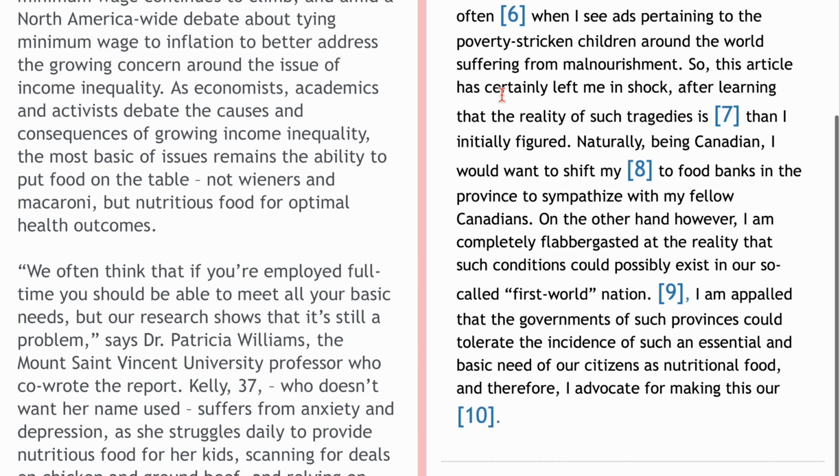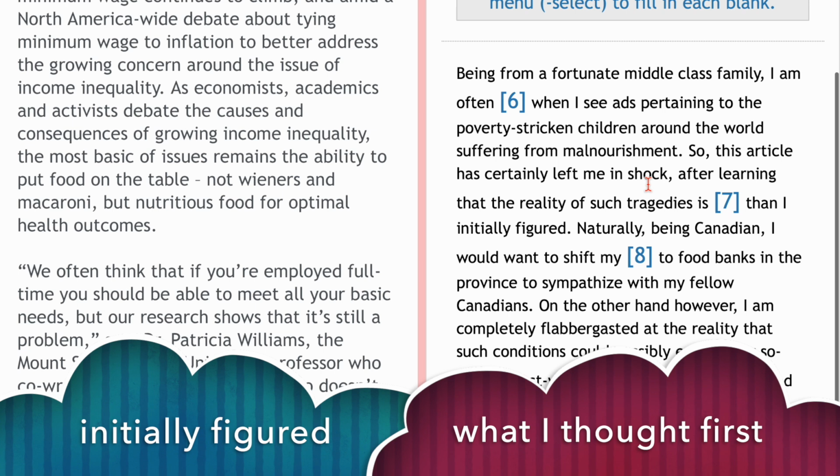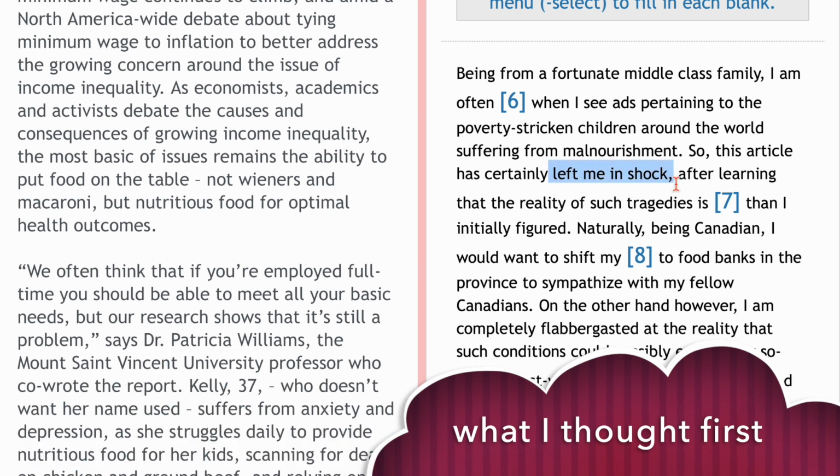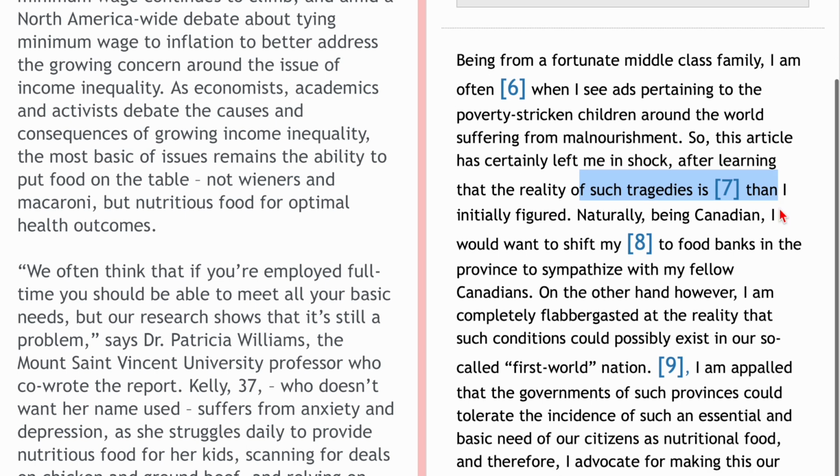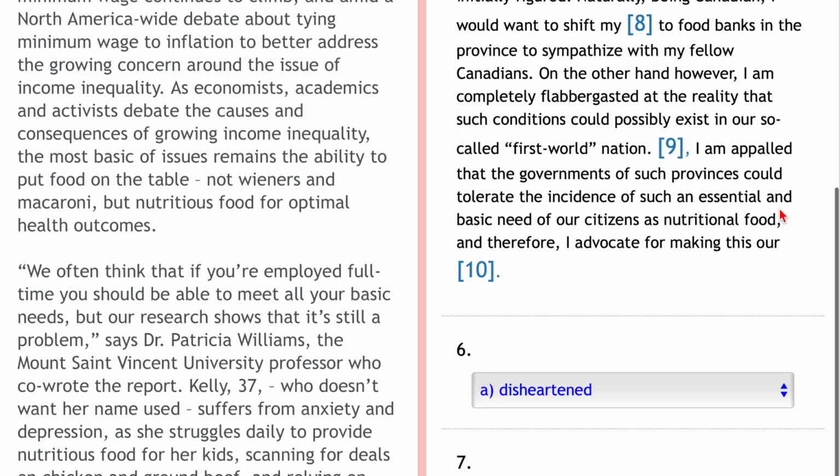So, this article has certainly left me in shock. After learning that the reality of such tragedies is something than I initially figured. So initially I thought something about those tragedies, but now I'm in shock because these tragedies are something. These tragedies then.